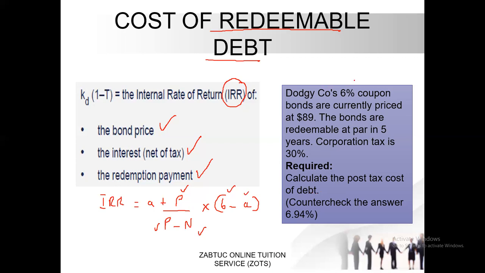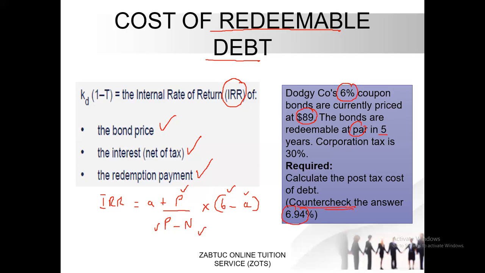We have a company here whose coupon rate is 6%. The current market price is 89. The bond is redeemable at par in 5 years' time. So calculate the post-tax cost of debt, and here we have said that the answer is 6.94, and we have asked you to counter check.